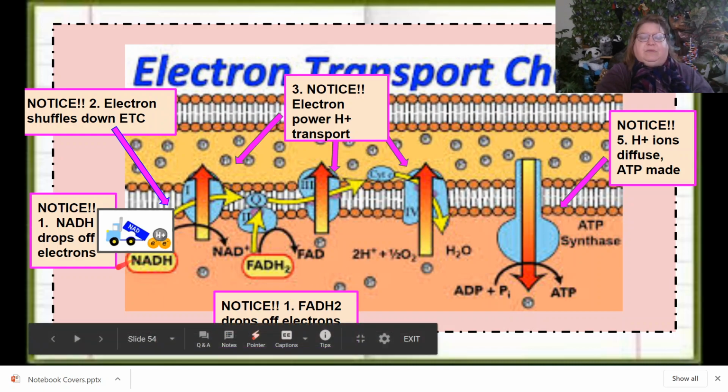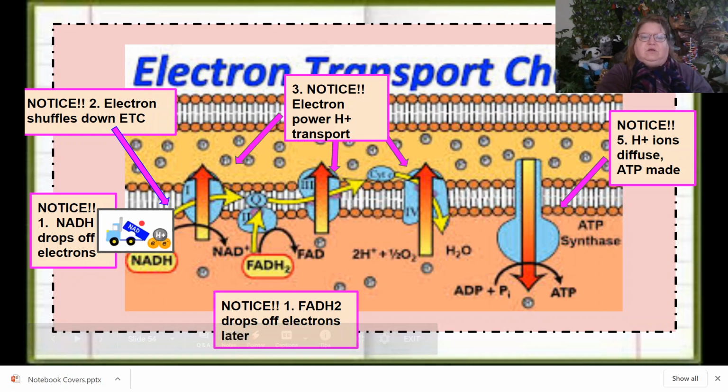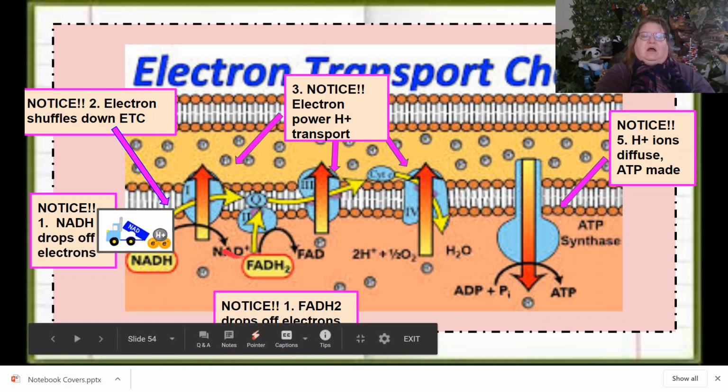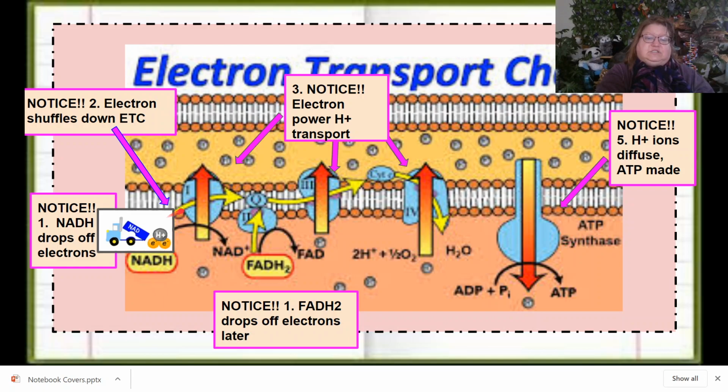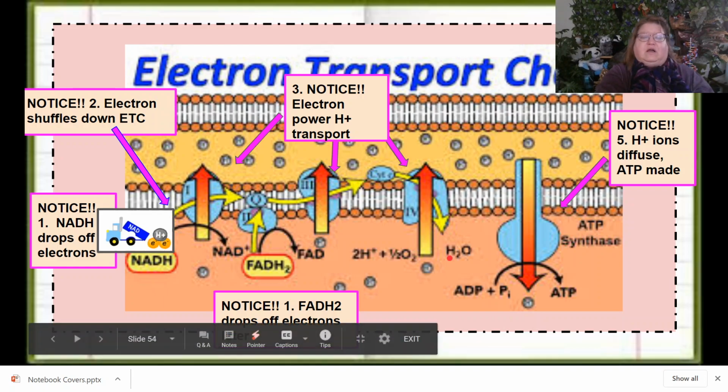And this keeps happening. Every NADH comes along, drops off the electron, boom, boom, boom, and then we have oxygen picking it up. And then another NADH passing it from molecule to molecule, and then oxygen takes it at the end.